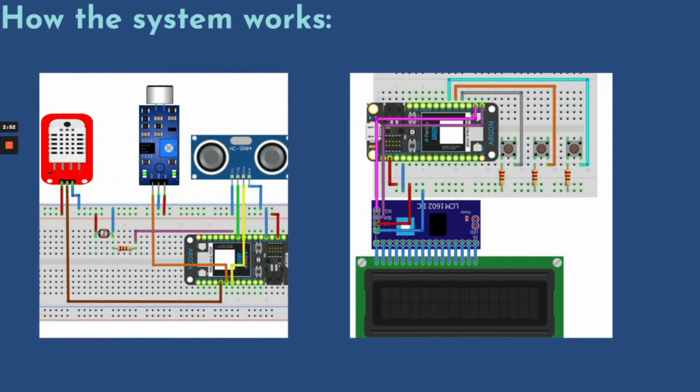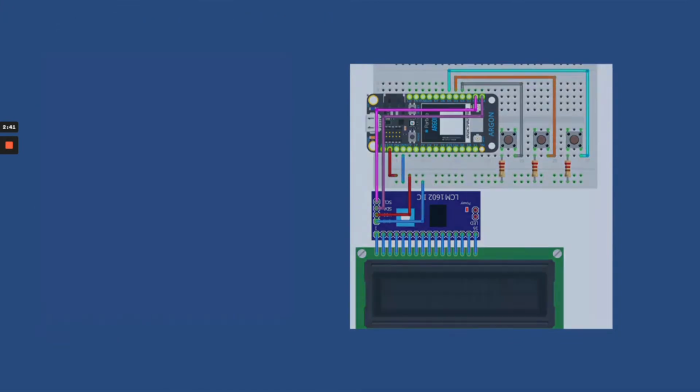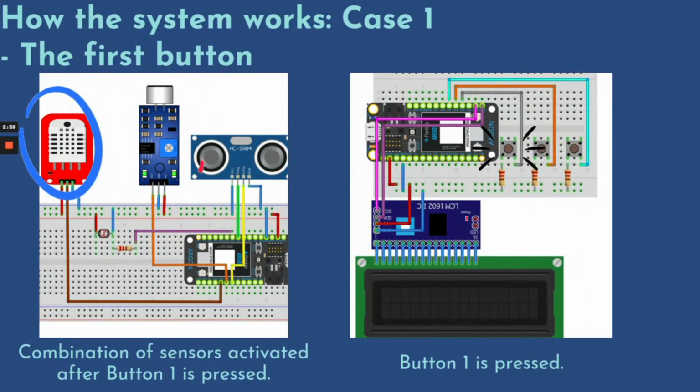The system works through the combination of 2 subsystems, and each button the user presses will lead to a different case. Now, when button 1 is pressed, our system serves as a baby care service. It's pretty straightforward: this system will protect the baby from loud noises and overheated temperature and humidity.